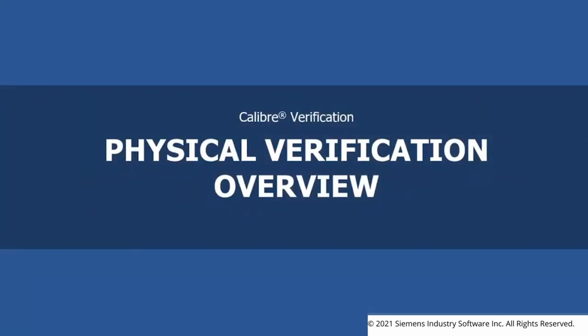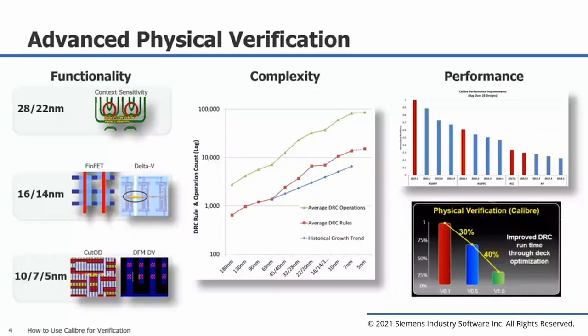Physical verification overview. As the process technology advances and enters into advanced nodes, we will encounter new challenges, which include context sensitivity, new rules like FinFET rules, some voltage-dependent rules, which are difficult to debug.